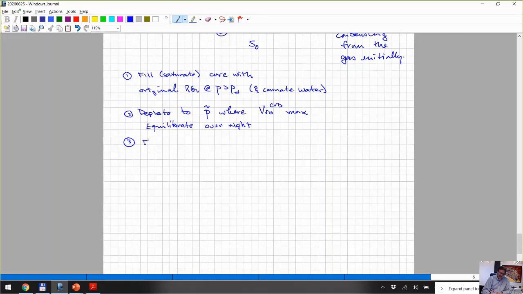And then basically flow equilibrium gas at this P tilde to steady state delta P across the core. And that will give you the KRG or the KG.